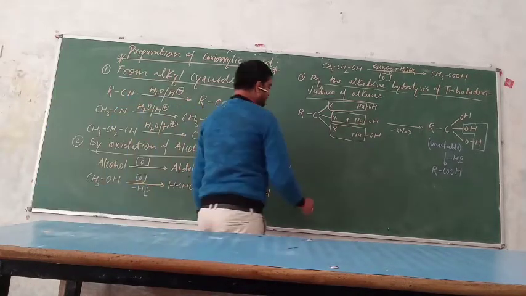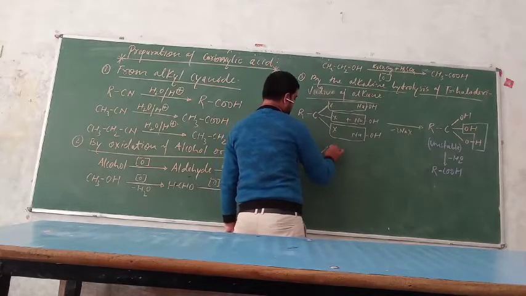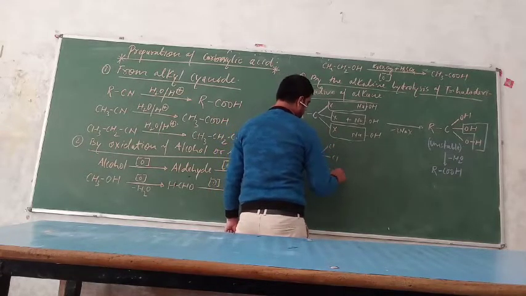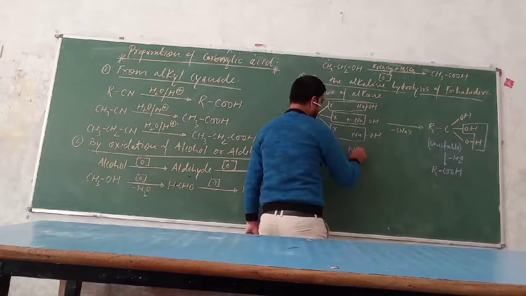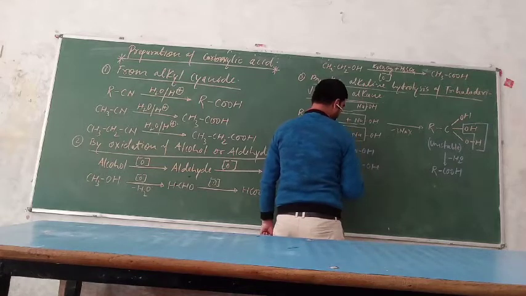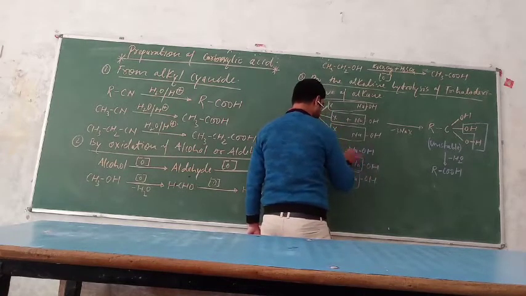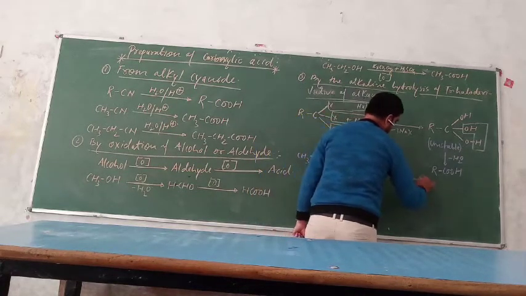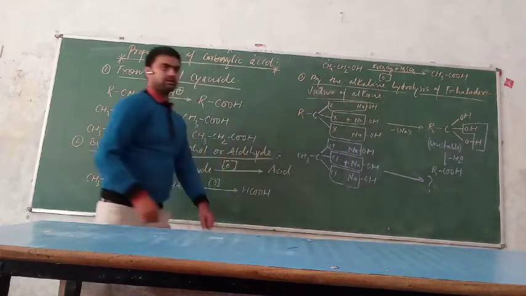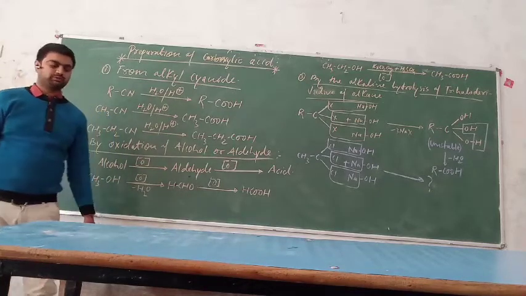When we put here R equal to H or CH3 and X is Cl, and treat this compound with NaOH, you can work out the product yourself. You can make the complete reaction for this compound. Clear? What will be the product formed here? Clear? So complete that equation.